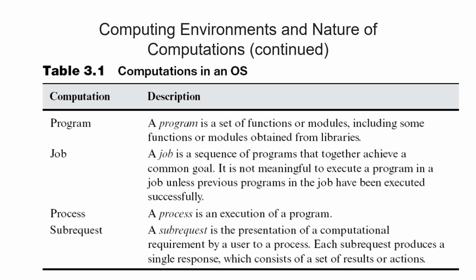Each sub request produces a single response, consisting of a set of results or actions. A sub request is a request submitted by the user, or coming from a program. The output is a single response, consisting of a set of results, or it may be an action.